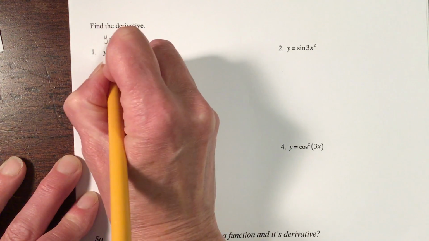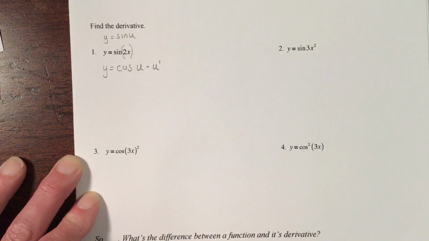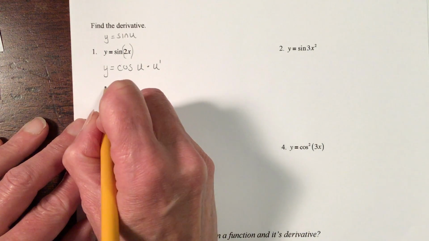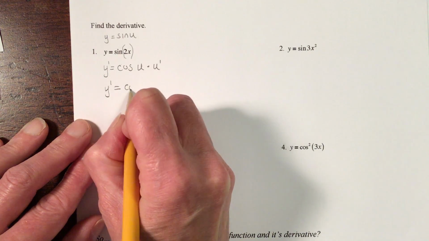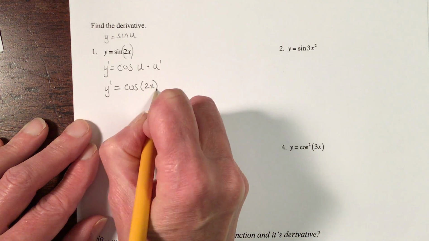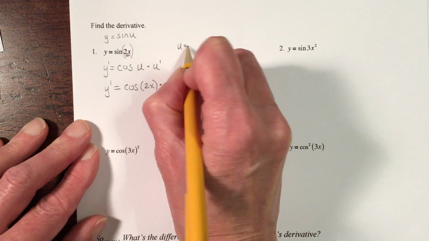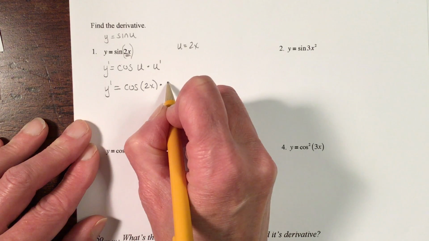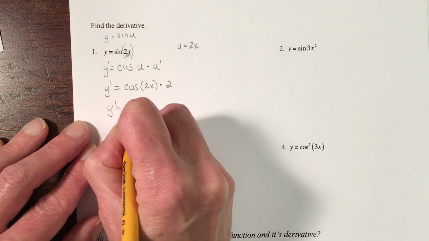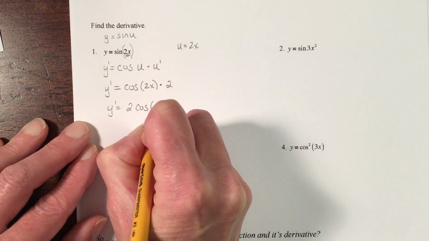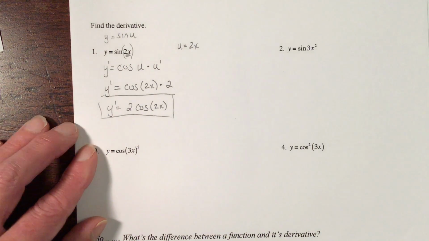If y is sine u, the derivative is cosine u, u prime. So let's now, y prime is going to be cosine, my u is just 2x, and now u prime, I'm looking right here, right? If u is 2x, u prime is just 2. And that's the rule for your derivative.